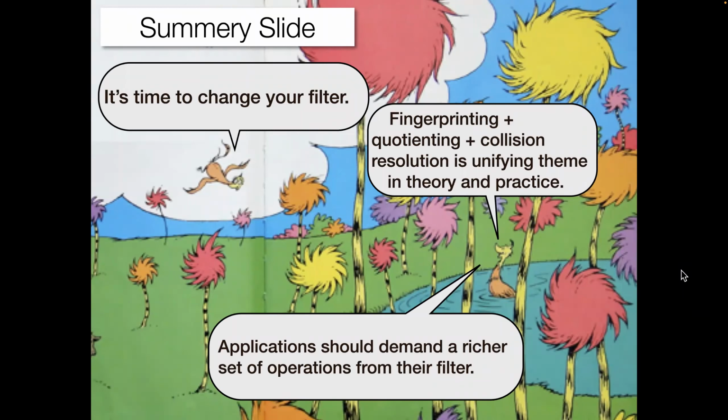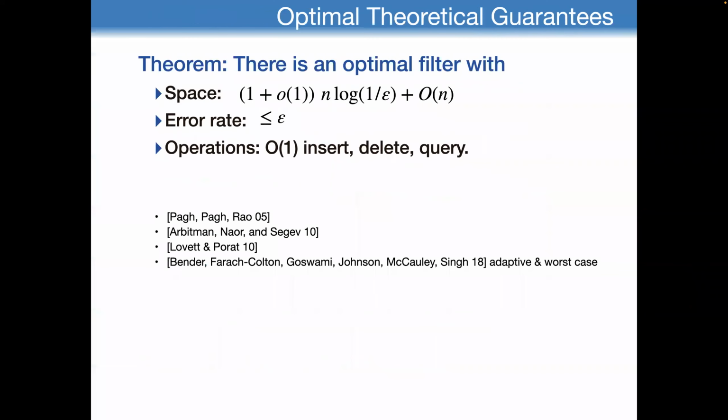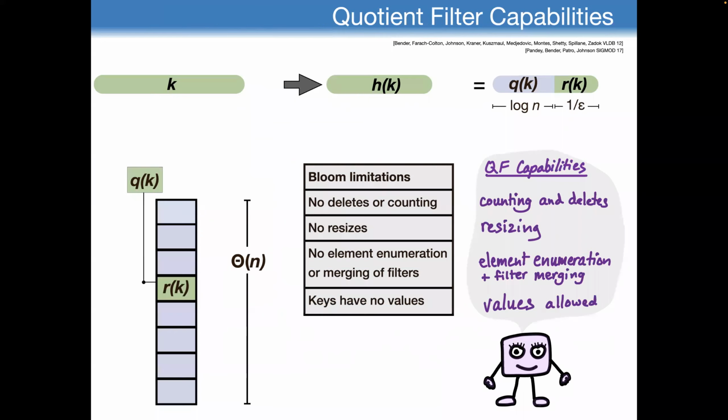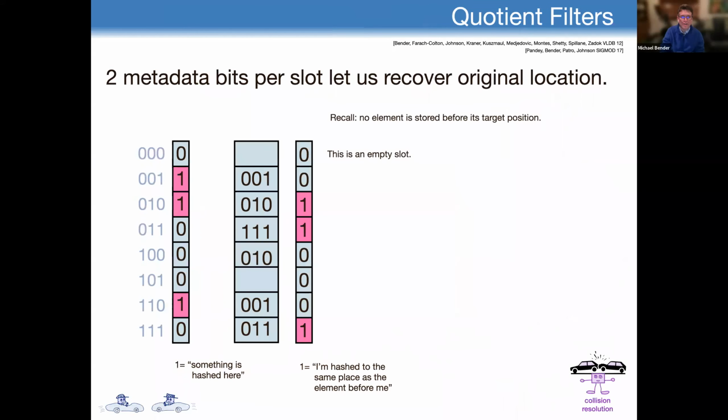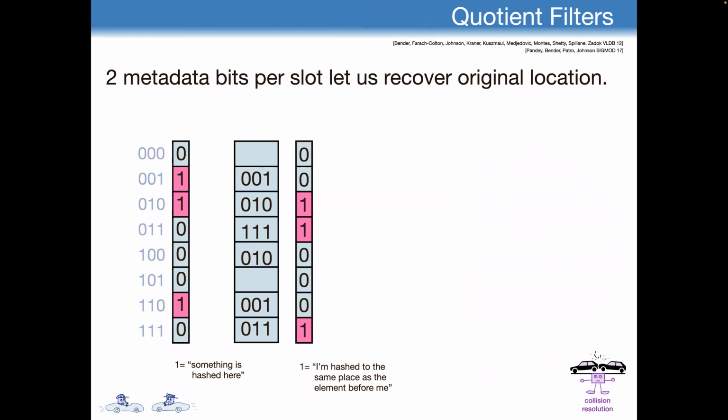If you go back to your quotienting slide, you needed 2 extra bits in order to chain things up, right? So you use 2 bits to do the collision resolution. My question at that time was, what if you just treat the remainder part as something like a Bloom filter?